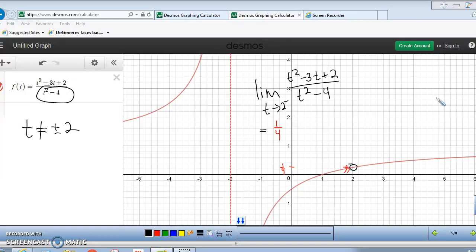We have to compare it with the limit of t squared minus 3t plus 2 over t squared minus 4 as t approaches 2 from the positive side. Hopefully you guys are getting more familiar with limits graphically, and you can see that we will be approaching the exact same value of 1/4.